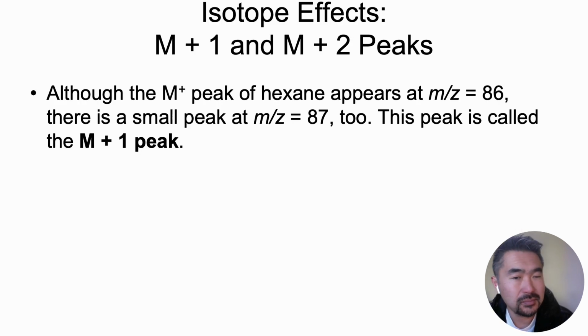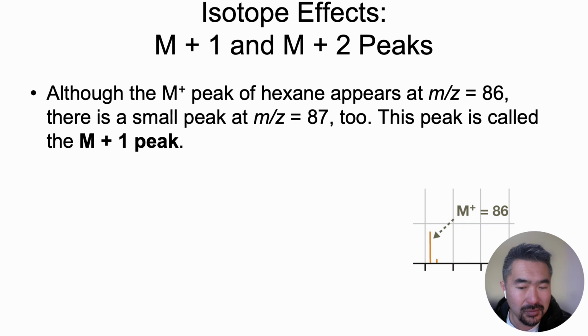Now, speaking of isotopes, let's talk about why you often see the M+1 or M+2 peaks, molar mass plus 1 or plus 2, that are tiny on the mass spectrum. Earlier we saw the hexane peak at 86, which is its molecular weight, but there was a tiny peak at 87, this guy. Why is that?